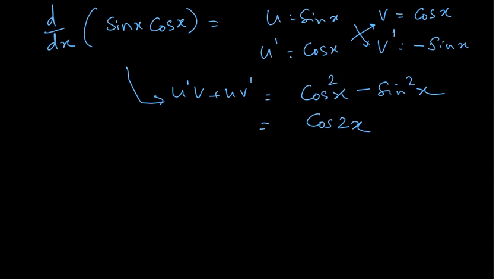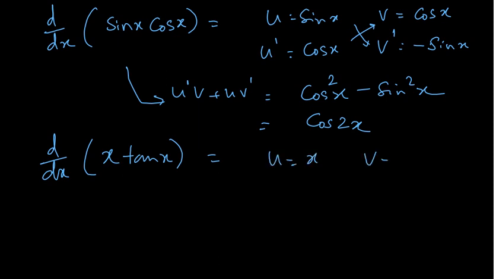Okay, now we need to do another question. So u is equal to x, v is equal to tan x. So u dash is 1, v dash is secant squared x.